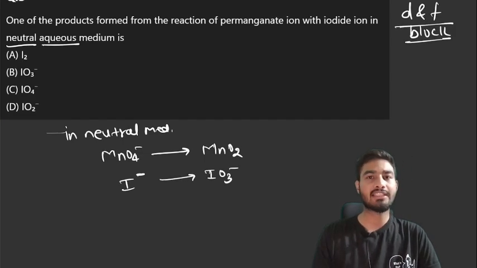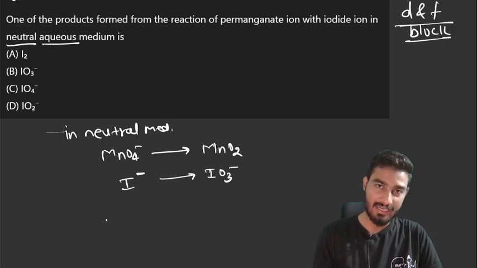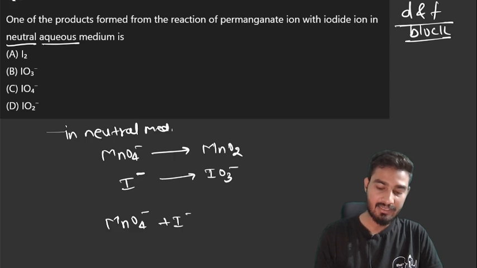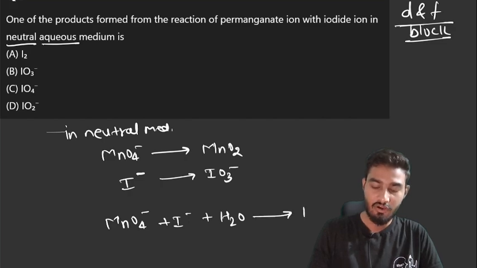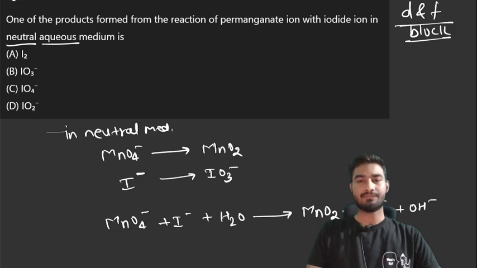So the overall reaction we can write: MnO4 minus plus I minus, in neutral aqueous medium so we take water, gives MnO2 plus IO3 minus plus OH minus. This will be the overall reaction.